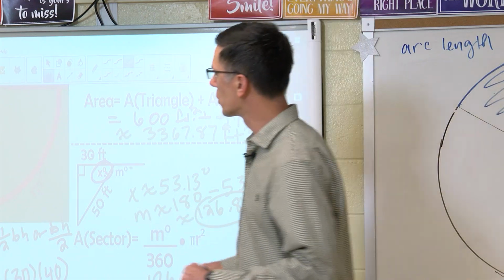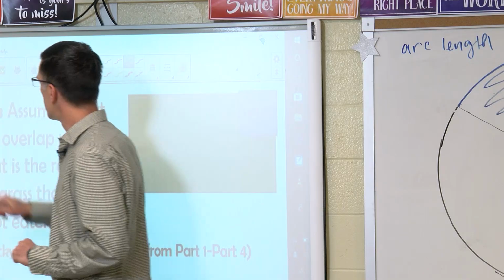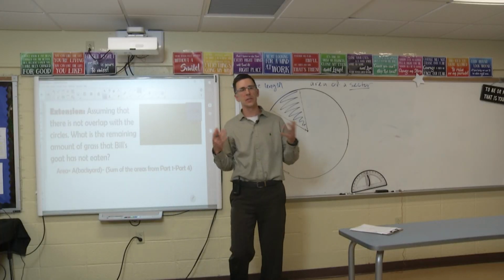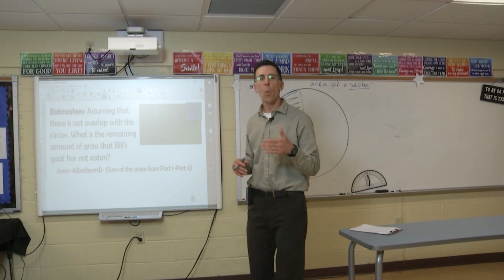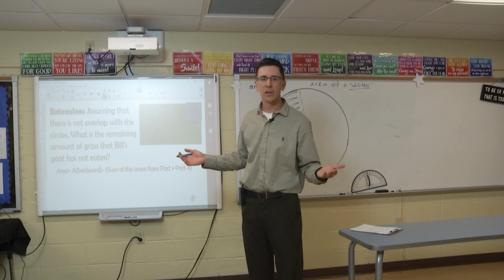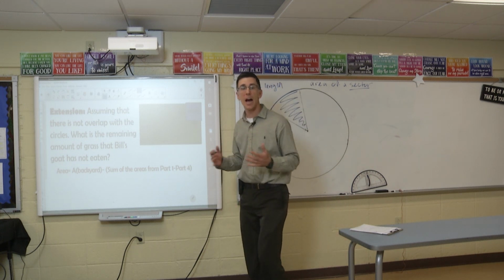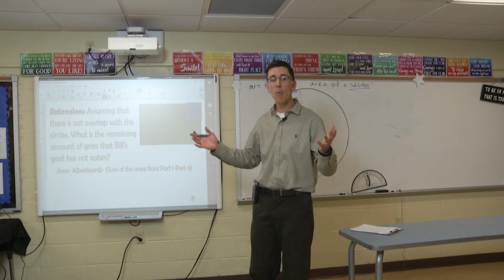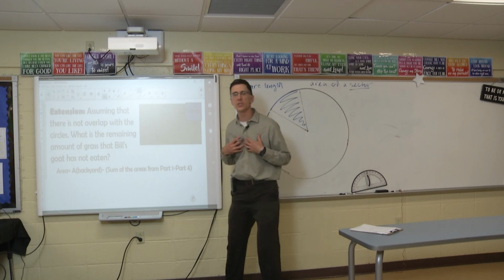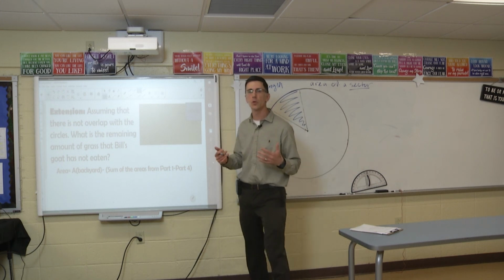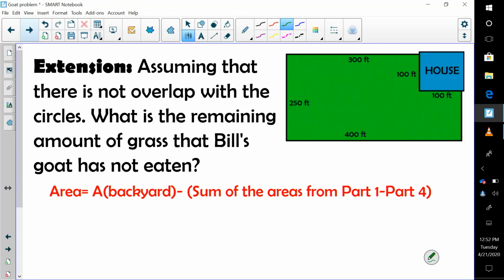Now, I want us to look at an extension to this. What if this was asked: what is the remaining area that Pumpkin has not grazed in yet? How would we approach that? Here's how we would approach this. This is an extension question that you can do on your own. I'll give you the answer in just a moment so you can practice this at home.